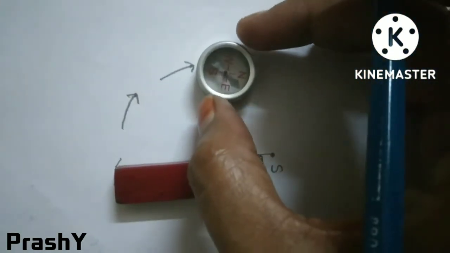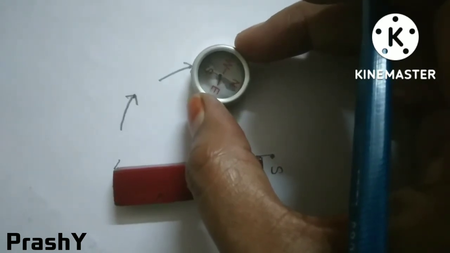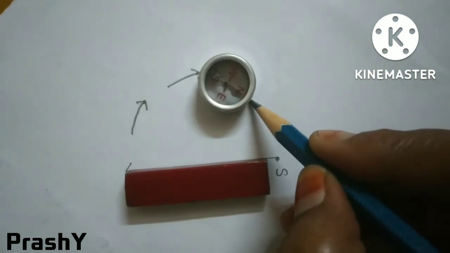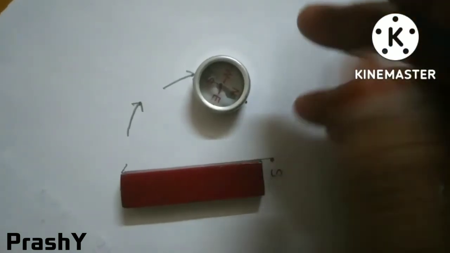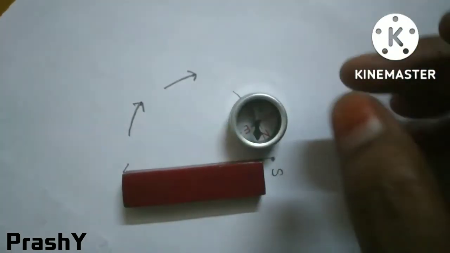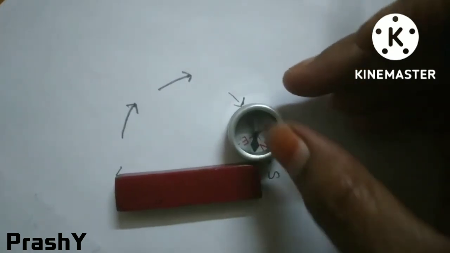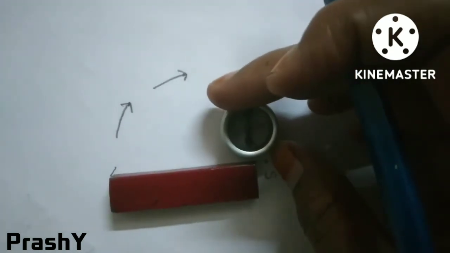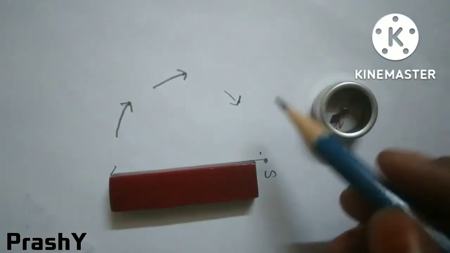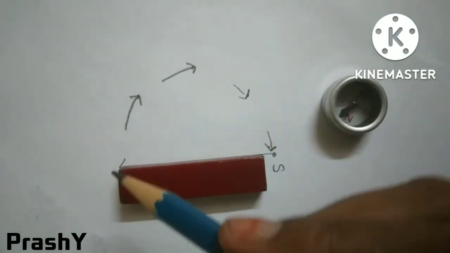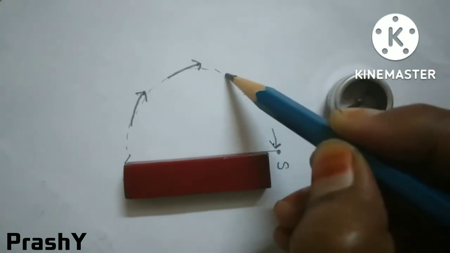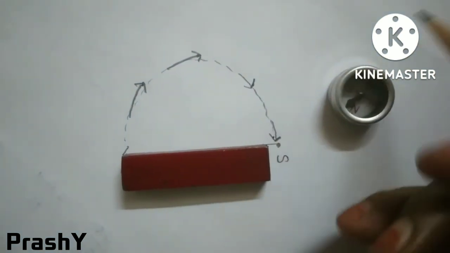Again, changing the position, I am placing the dots from north pole to south pole. So these are the arrow marks. So the field is moving from north pole to south pole. This is the direction of the magnetic field.